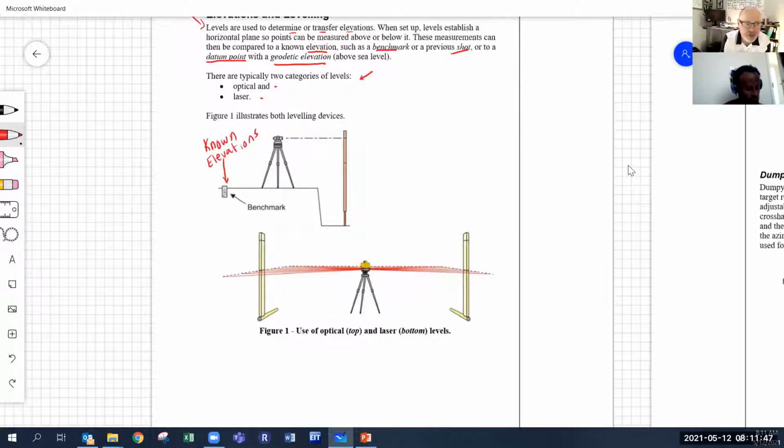And then after we have a known elevation, we could take other shots to determine their elevation compared to the known elevation. Now, optical lasers will give you the levels that we need.